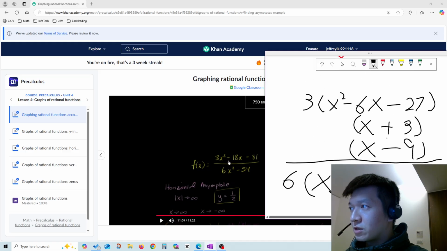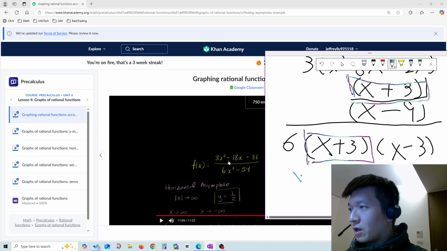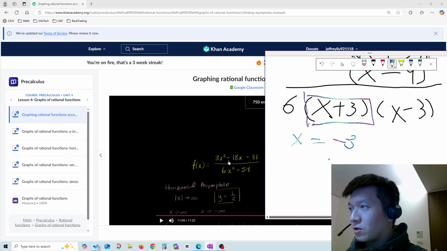So immediately you see a removable discontinuity, right? So that will be x equals minus 3 is the removable point.